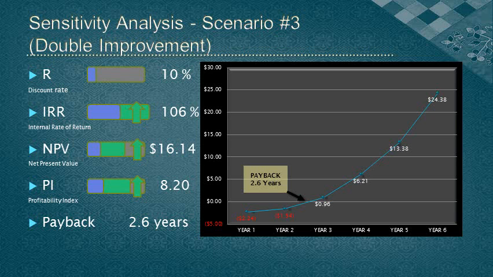And compared with the business case, IRR and PI values increase nearly twice, and NPV values increase about 2.5 times. In addition, 6 years later, the benefit rises to $24.38 million.